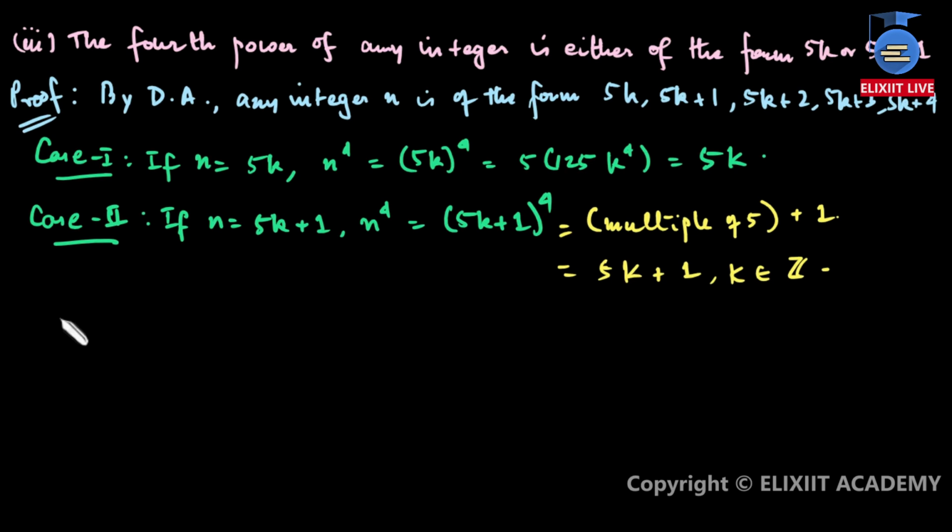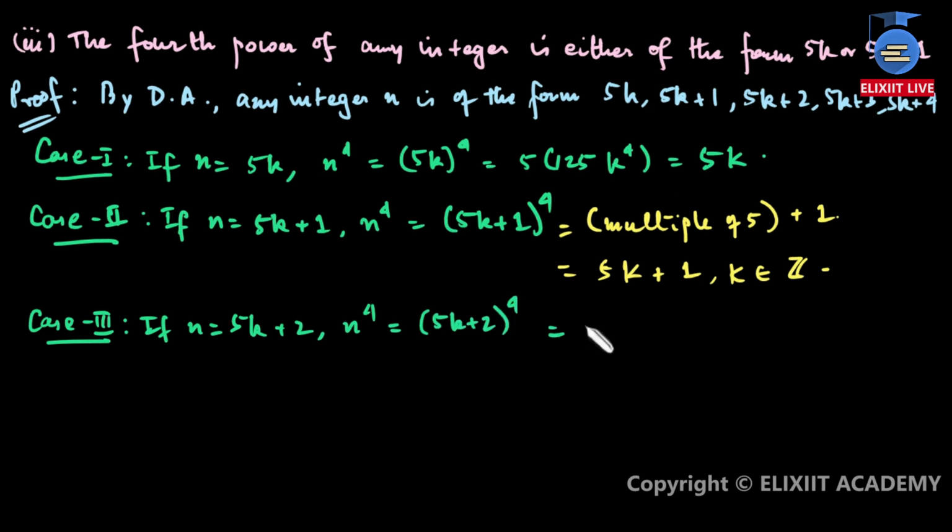And that's your remainder. Similarly, we have case 3. If n is equal to 5k plus 2, let's say, then we have n to the power 4. Same logic, 5k plus 2 whole to the power 4.